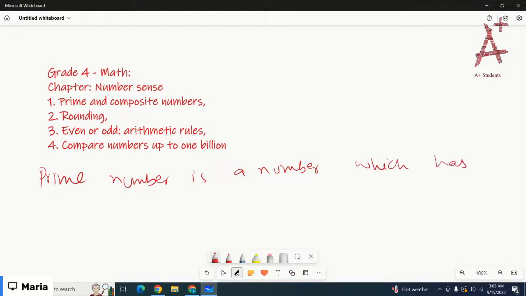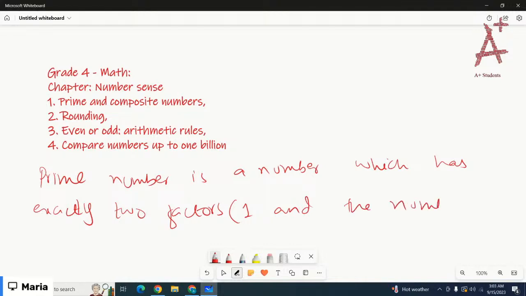Which two factors? One and the number itself, right? These are the two factors for the prime number.